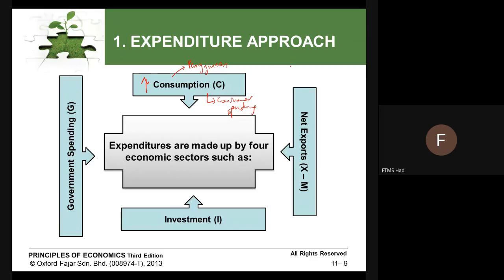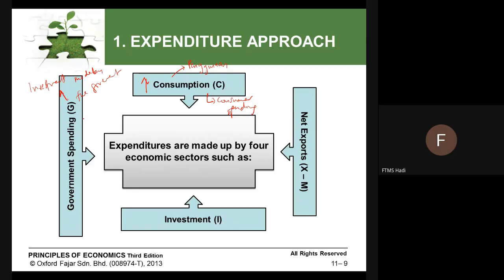Okay, the second one is government spending. Government spending means the investment made by the government. What does government invest in? Usually they invest in development, expenditures, and subsidies that they give to citizens, and then financial aids and so on.